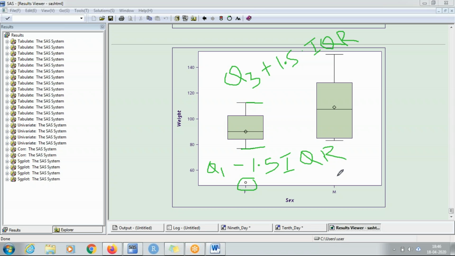Any question on this? Yes, no? No, sir. Sorry, Anshu? Yes or no? No, sir. How did you get 1.5? Is it because it's 3 quartiles, so 1.5, 1.5?